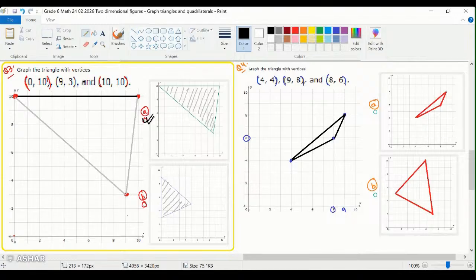Yes, thank you. That means for question number 4, option A is the correct answer, right? It's kind of easy. All you need to do is follow the coordinates, follow the points, or follow the vertices. Vertices, coordinate, and point, they are synonyms of each other, right? They can be interchanged in place of each other.